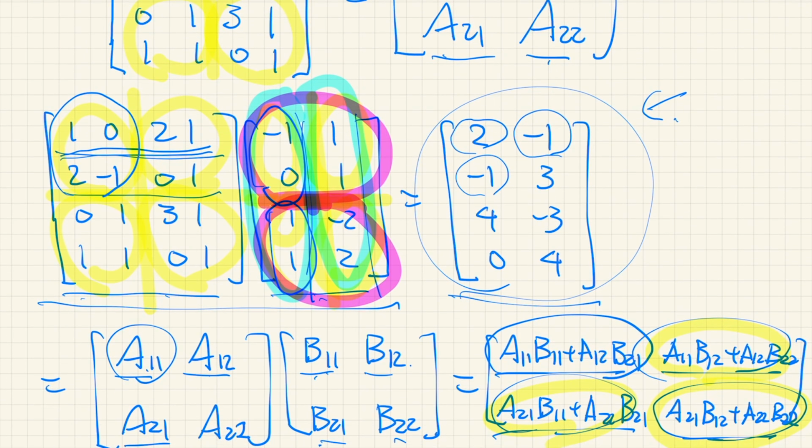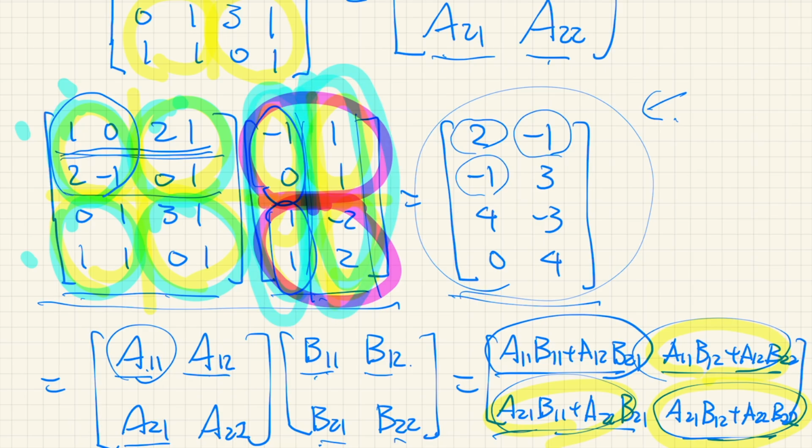For example, since we partition the first matrix into 4 blocks, it's a 2 by 2 block matrix, so the second matrix should contain 2 rows. Okay, so partitioning this way doesn't work, but partitioning this way can work.